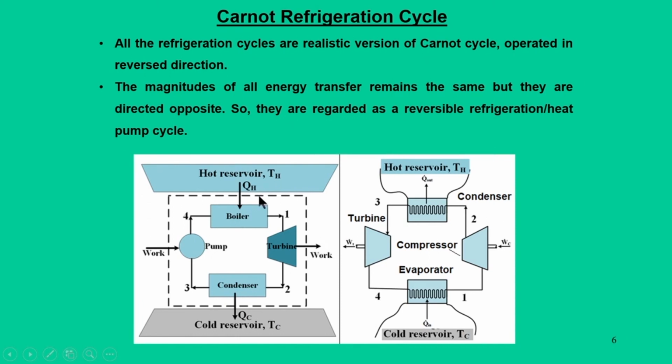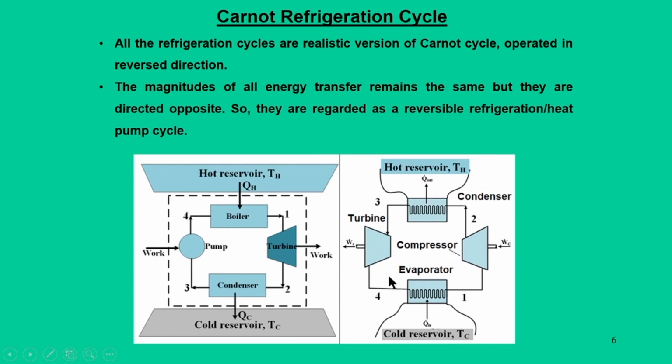Now, if you think about this particular Carnot cycle in a reverse mode, where heat is taken from the cold reservoir and rejected to the hot reservoir, the work given as input is mainly a work input WC, given to the compressor.